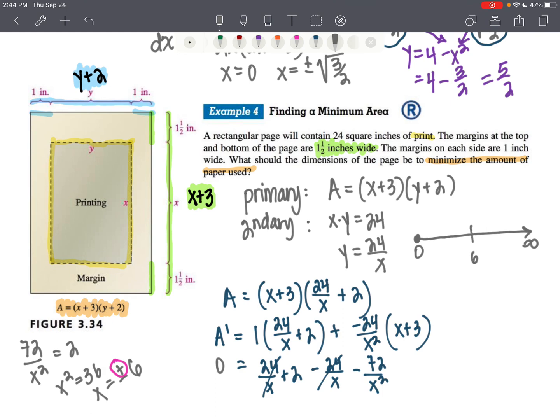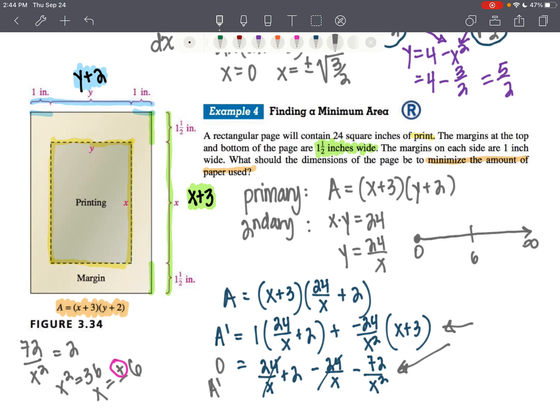We want to minimize the area. So I'm just going to confirm. I'm going to put 1 into my derivative. Let's put it into this one right here because it's less work, right? Because that's still a prime.